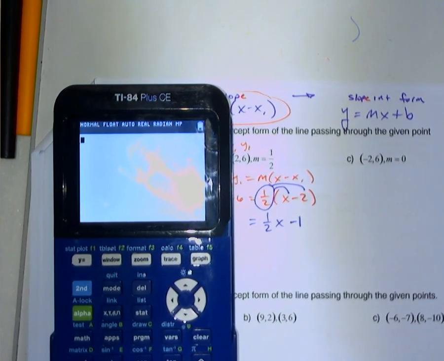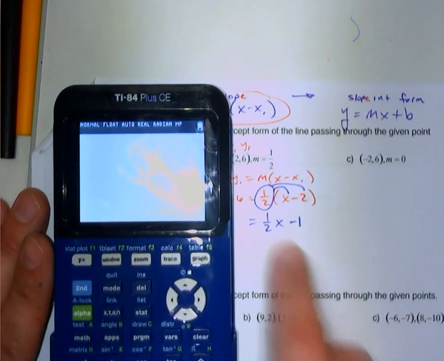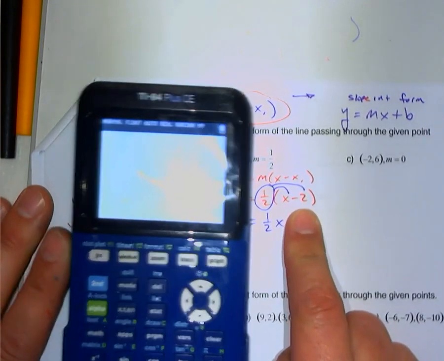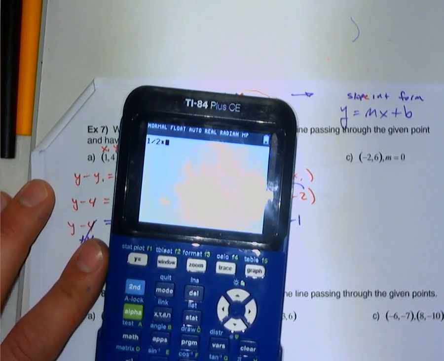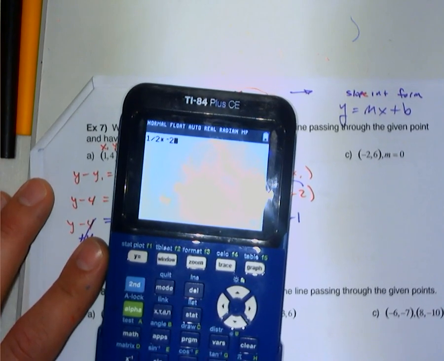It's totally okay. So if I want to do 1/2 times negative 2 in my calculator, if you got the fancy calculator, 1 divided by 2, and then times negative 2, and I get negative 1.